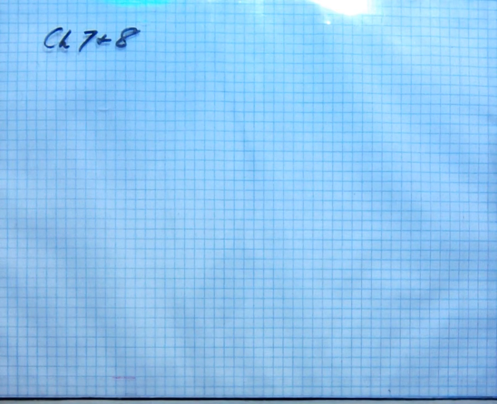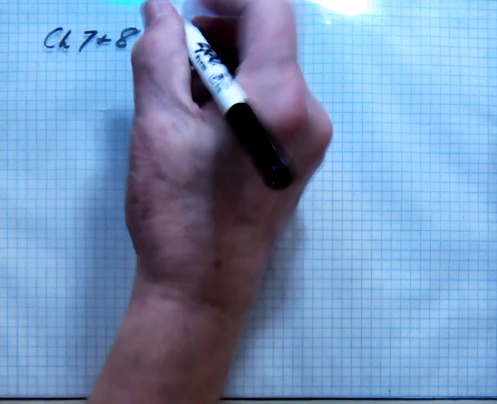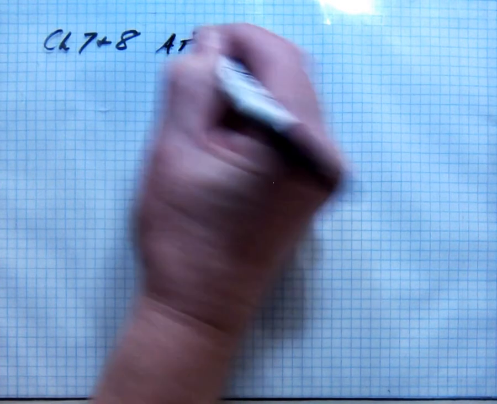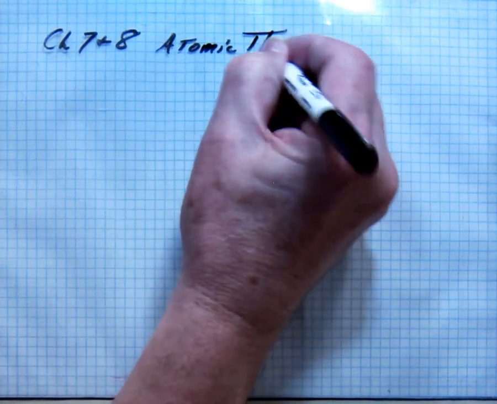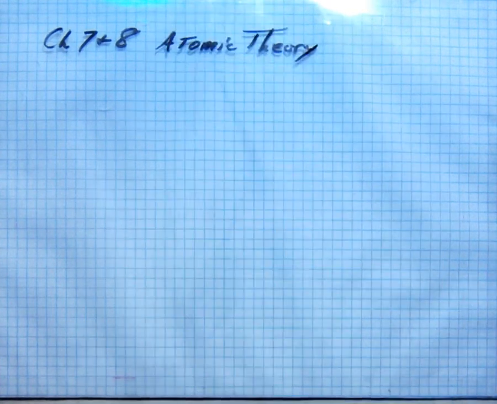This is chapter 7 and 8 on really the atomic theory in a generic way. It is going to be presented, as I mentioned earlier, as the history of the development of atomic models.